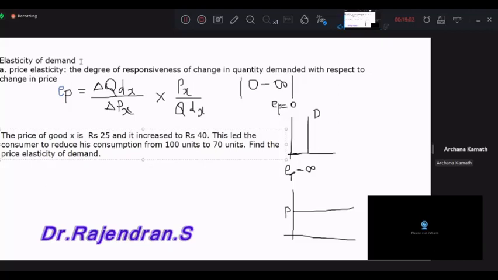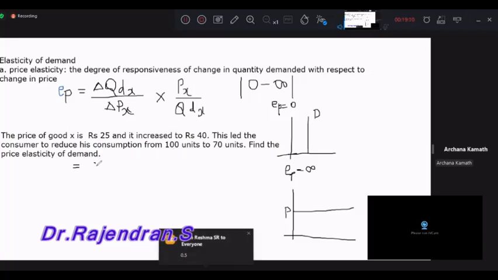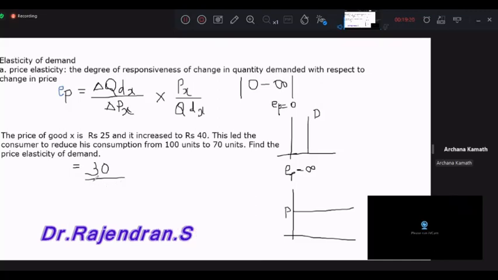So here, change in quantity demanded, you can see it has moved from 100 units to 70 units. That means there is a drop of 30 units, right? The quantity has decreased from consumption of 100 units to 70 units. But the price has increased. It was earlier 25, now it has gone up by 15 to 40. That means there is an increment of 15.